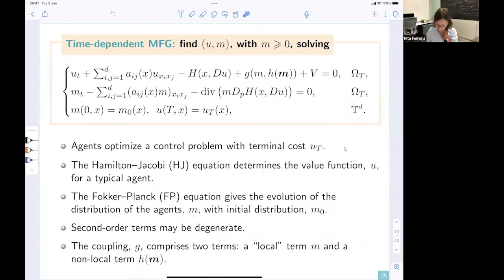And like I said before, an important feature of the class of problems that we consider is that it also includes the degenerate case, and G can have simultaneously local and non-local dependence.